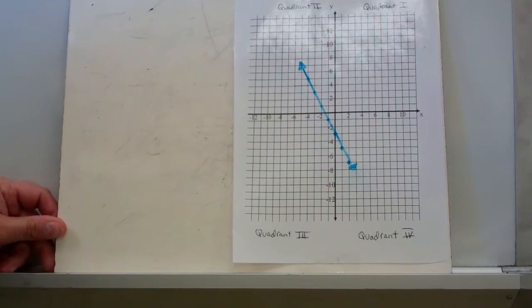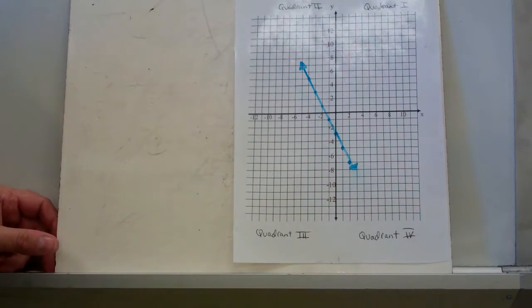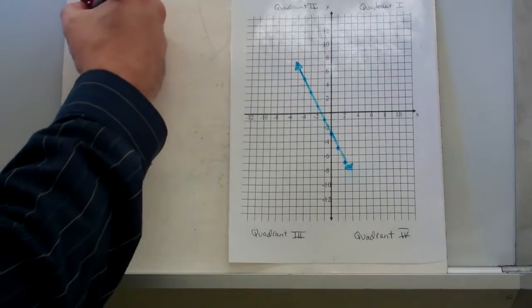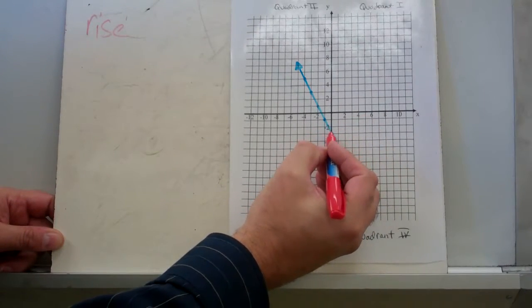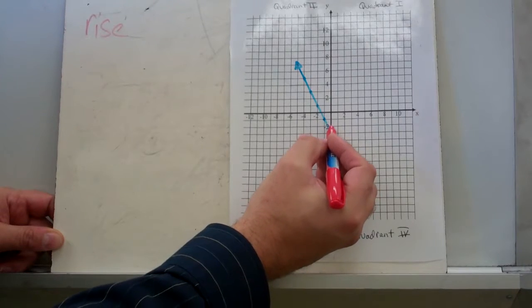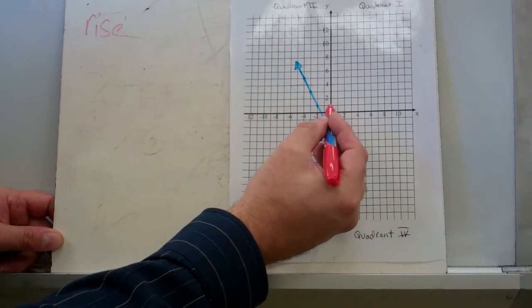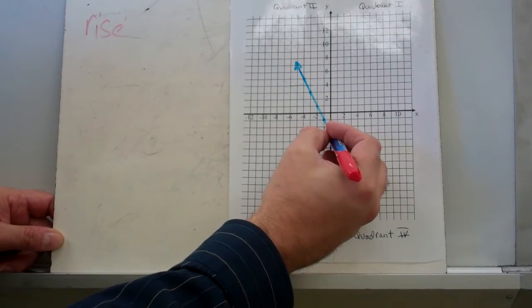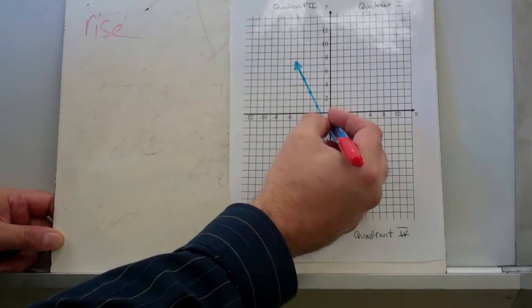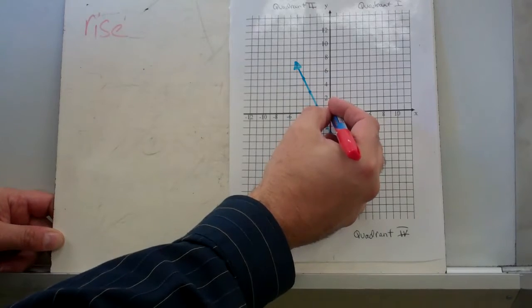Our next example is also a negative slope, and again the points are made out for us. So I'm going to see how much I need to rise, and I'm going to start here. I'm going to move up 1, 2, 3, 4. Okay, so let me make that a little more clear for us here. 4.